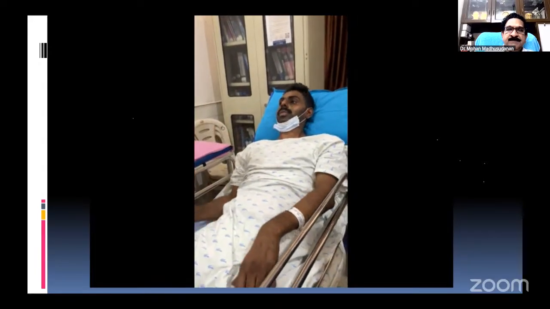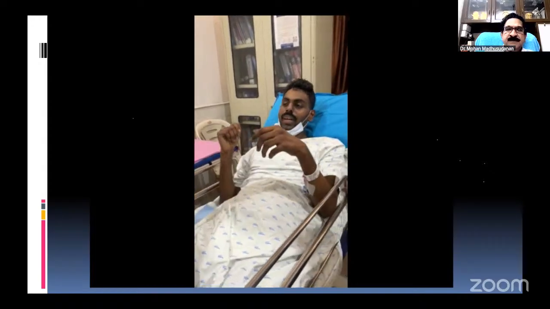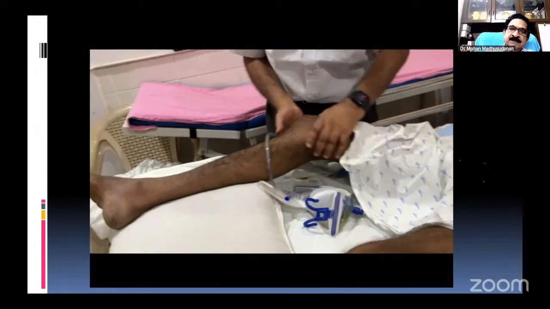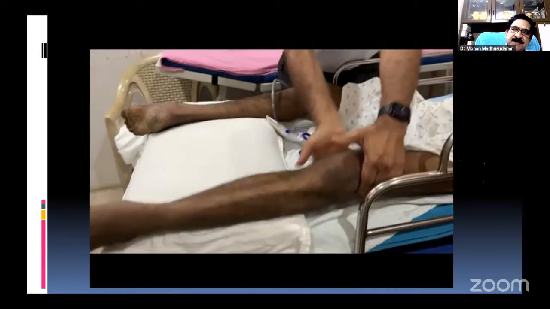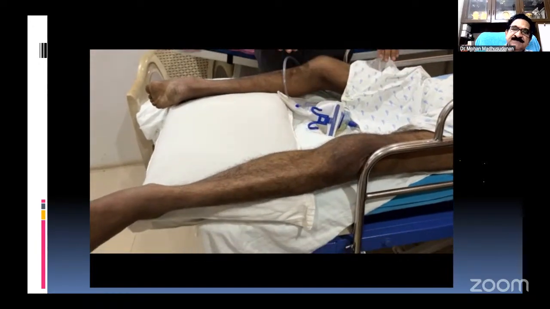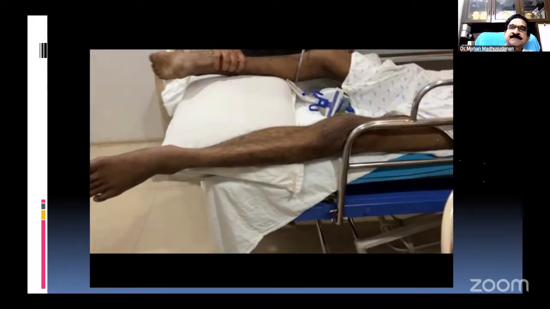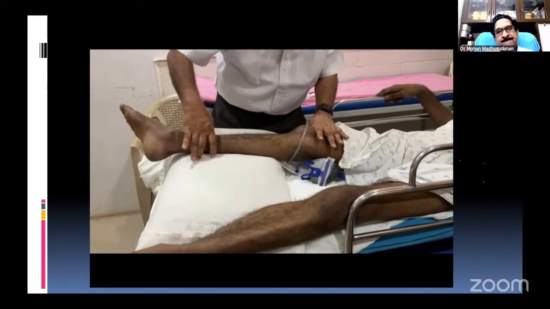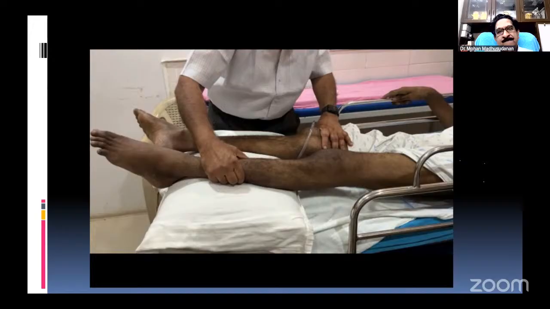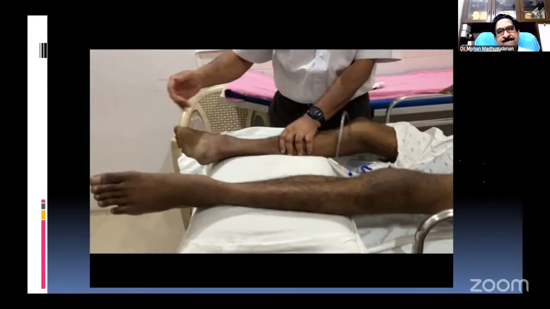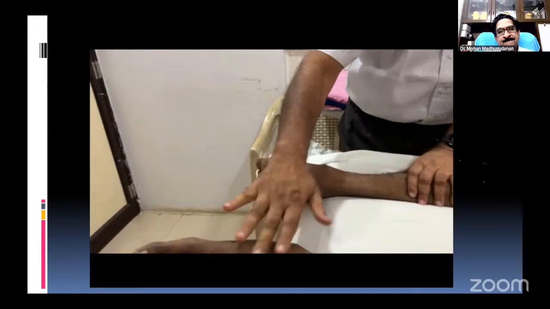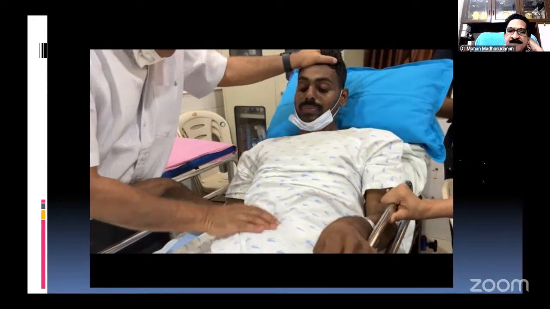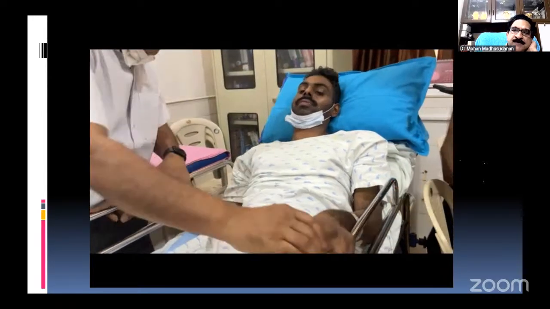But he cannot turn the body, get up into the sitting position, or bend the trunk. There is hypotonia in both lower limbs with wasting of the anterior compartment muscles. Zero power. The abdominal muscles are also weak in the upper and lower quadrants.